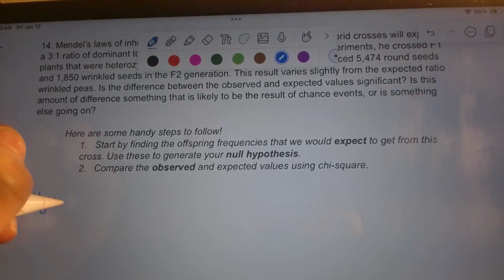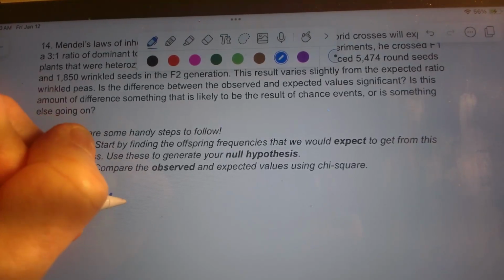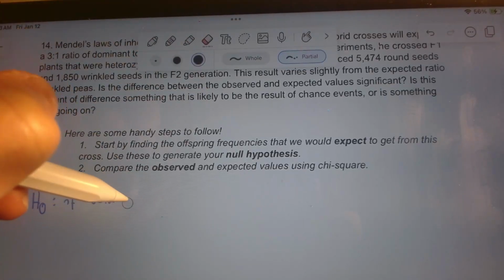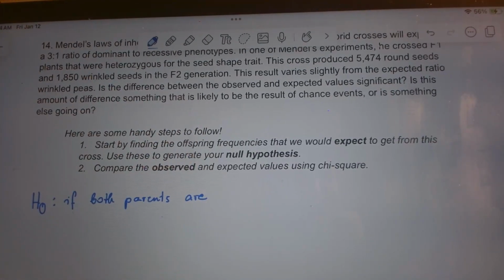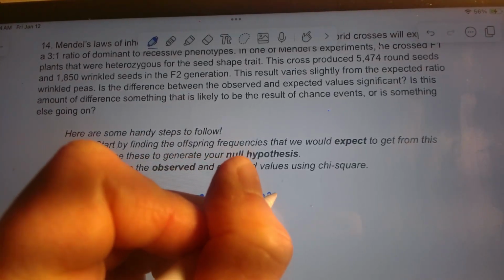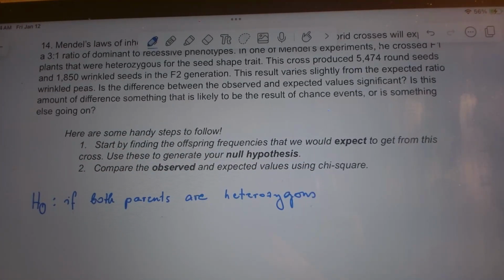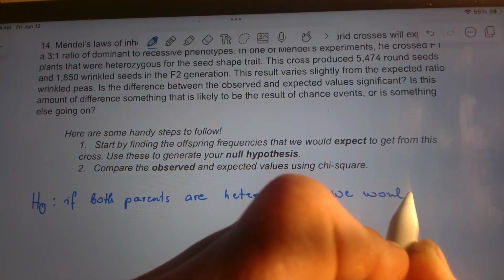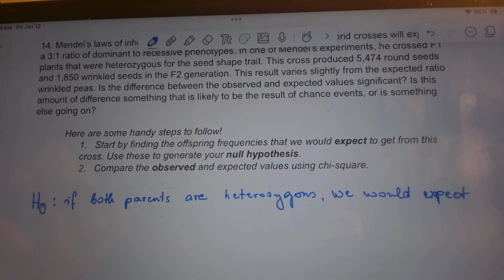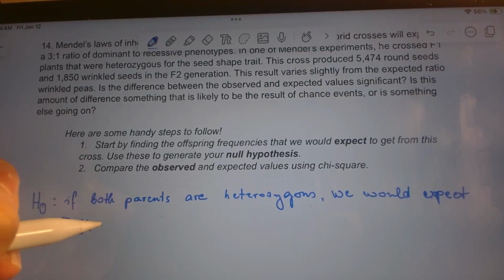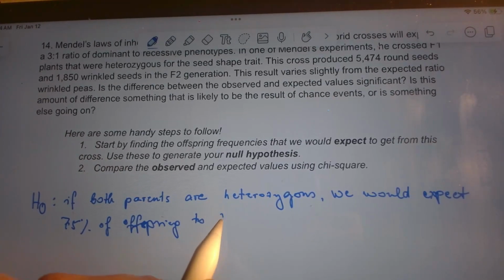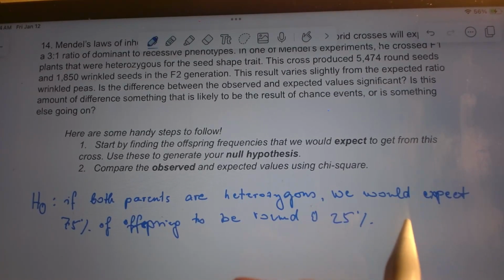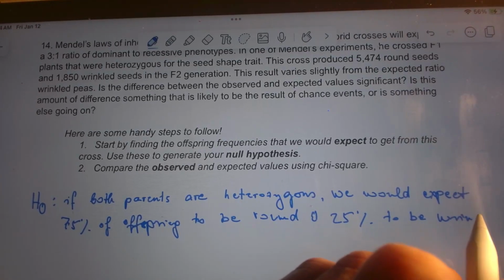That means if both parents are heterozygous, we would expect 75% of offspring to be round and 25% of the offspring to be wrinkled.